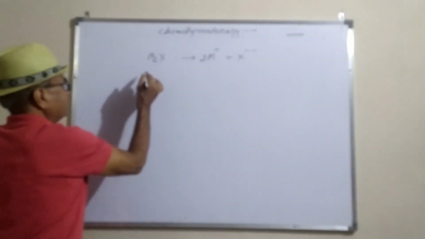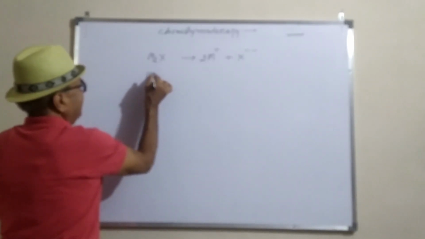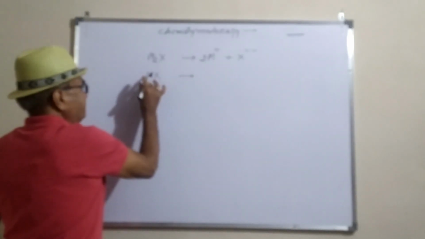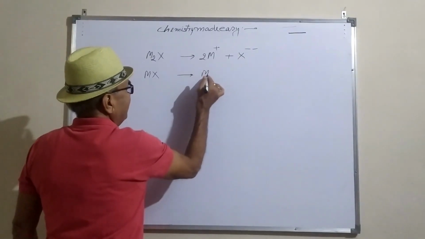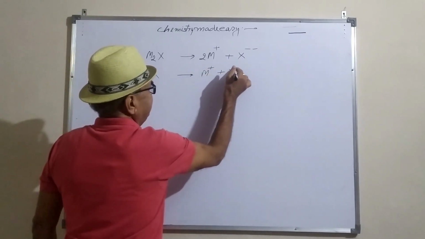Suppose I write it like this, MX. So M may be M positive and X negative.